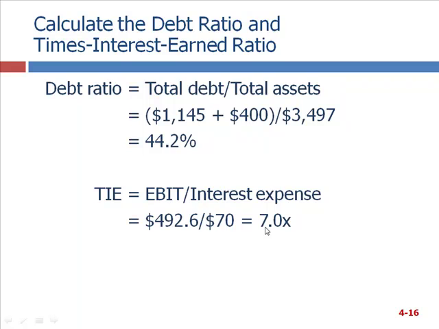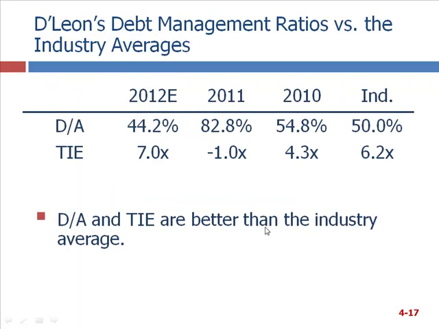So how's DeLeon doing in this area? Well, the answer is not too bad, really. If you look at the debt to asset ratio, it was at 54.8%, and then the next year, this is not good, the 82.8%, that would be a real problem for most companies.